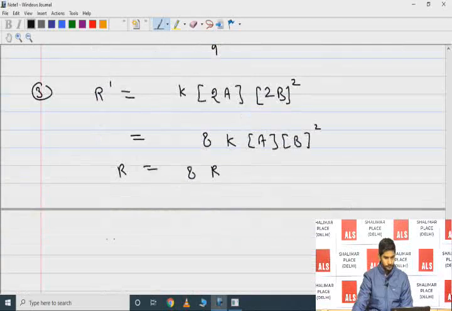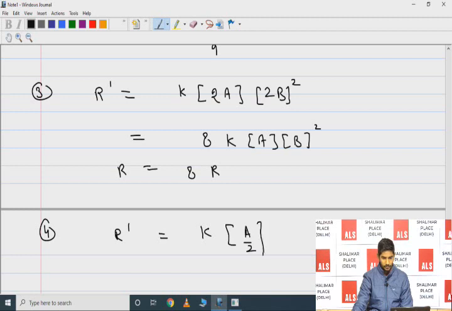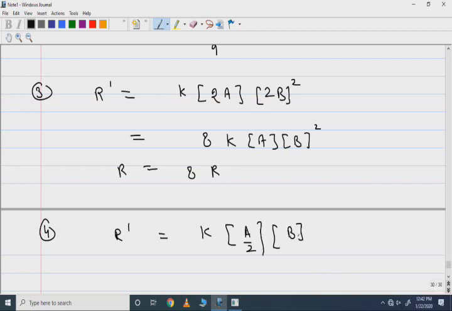Number 4, R dash is K[A/2][B] square. So this is 1/2 K[A][B] square. Okay, clear with this one? Is there anyone having any doubt in this one?